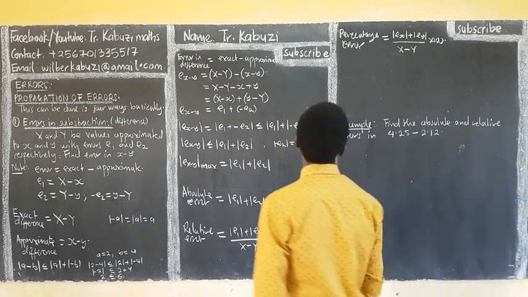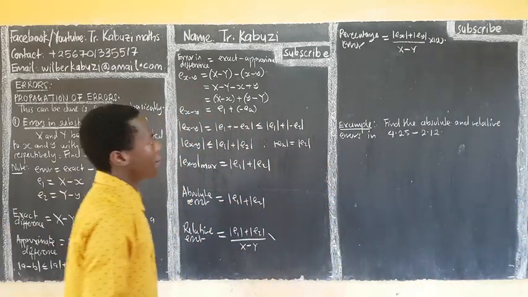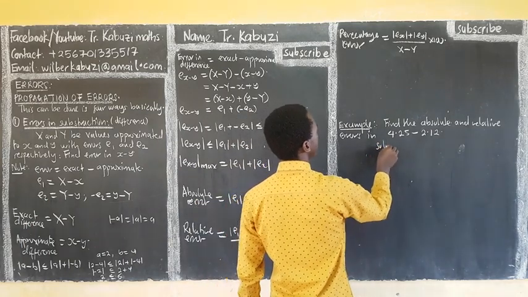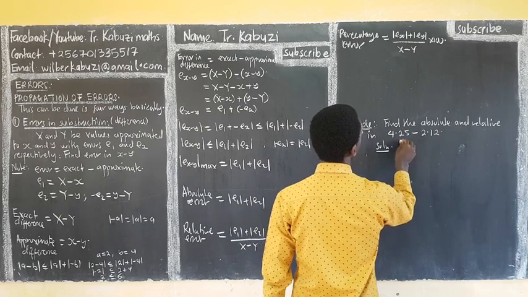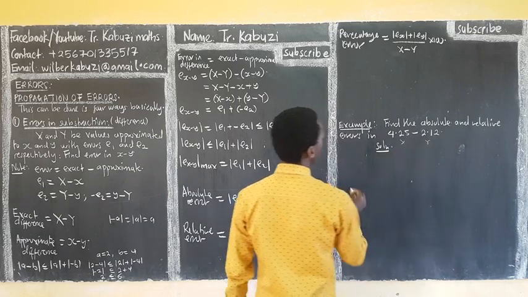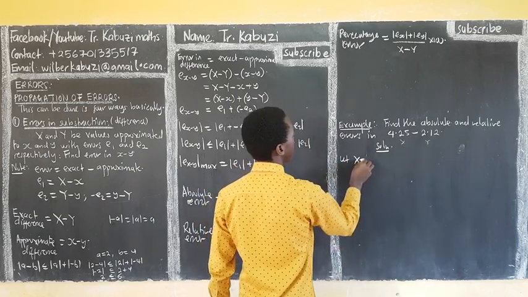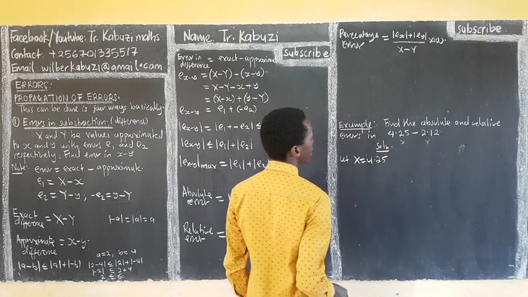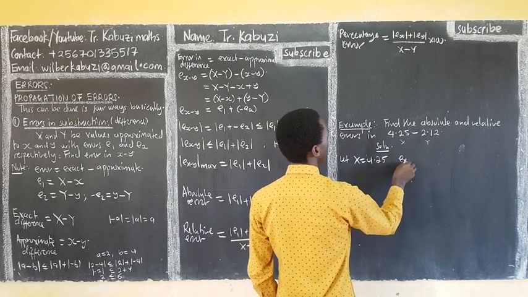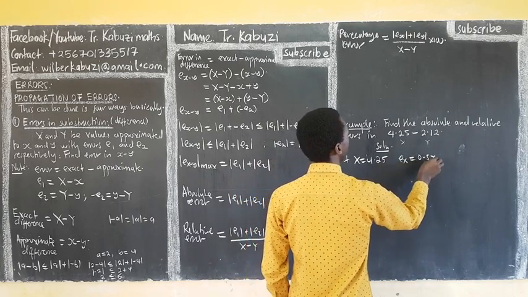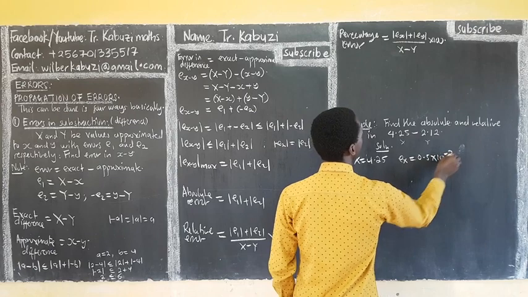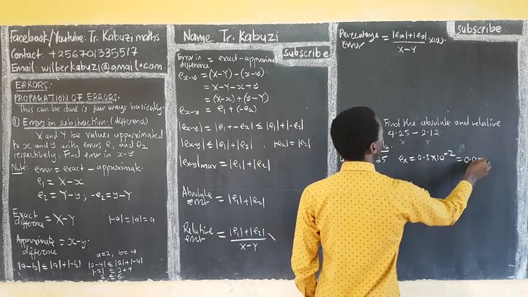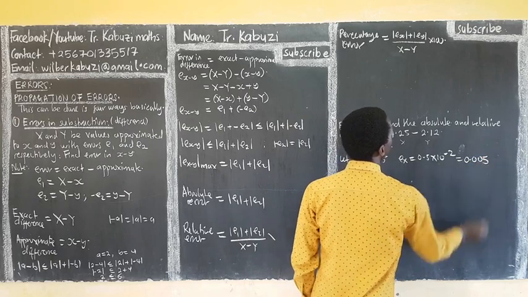Okay, so let us see how we handle this. Find the absolute and relative errors in this difference. They are giving us these values, so I let this be x and this be y. I let my x be 4.25. The error in x will be 0.5 times 10 power negative 2, because it's given to two decimal places, which will be 0.005.